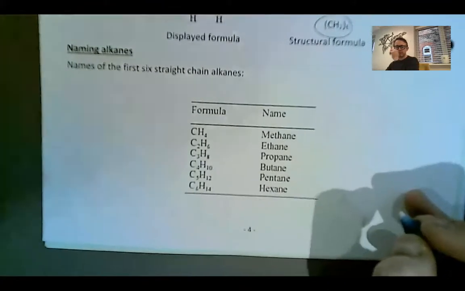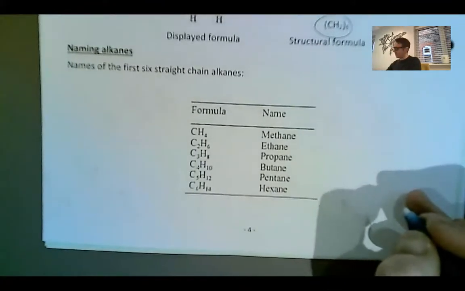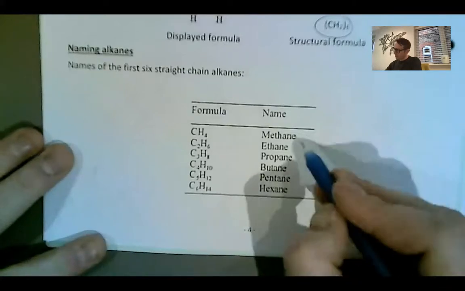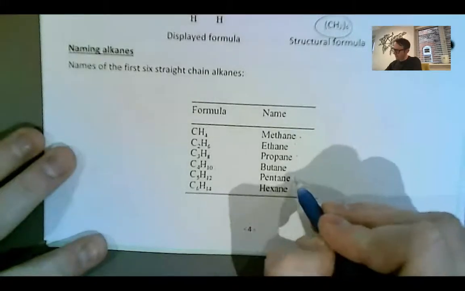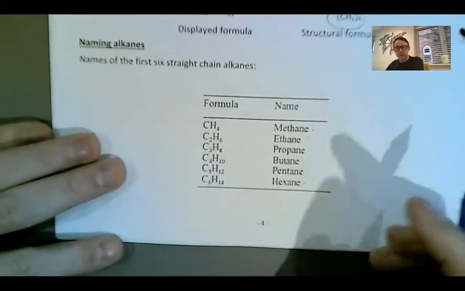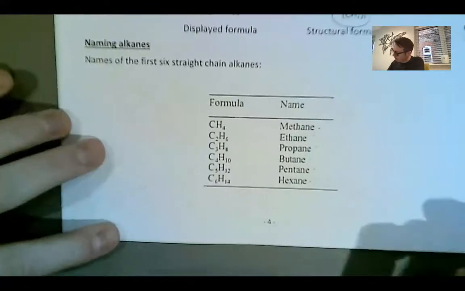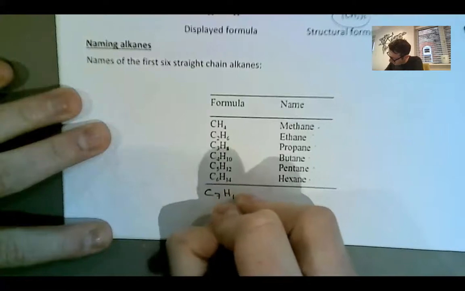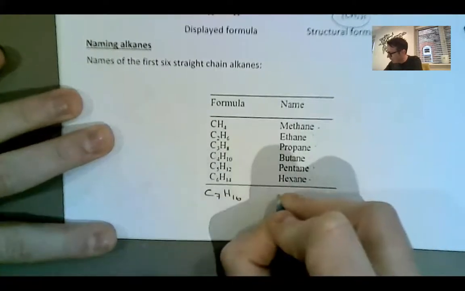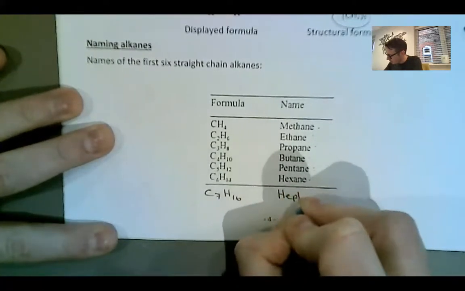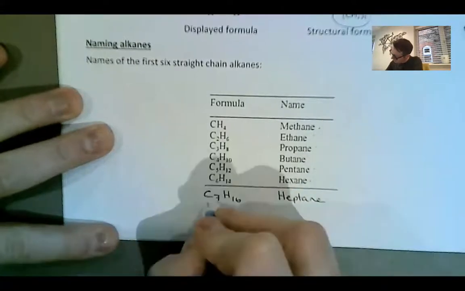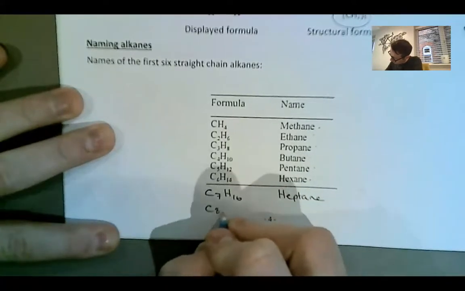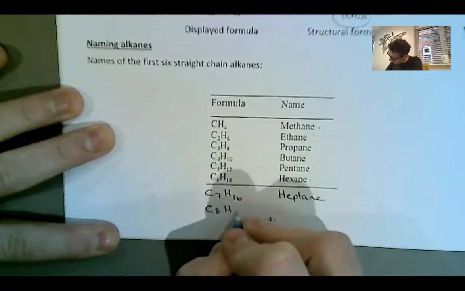Okay, nomenclature for the first 6 alkanes should be fairly basic to you now. Methane, ethane, propane, butane, pentane, hexane. To be honest, at A-level, I'd expect you to know a few more, though. If you had a molecule which was C7H16, after hex comes hept, heptane. After 7 comes 8, C8H18.